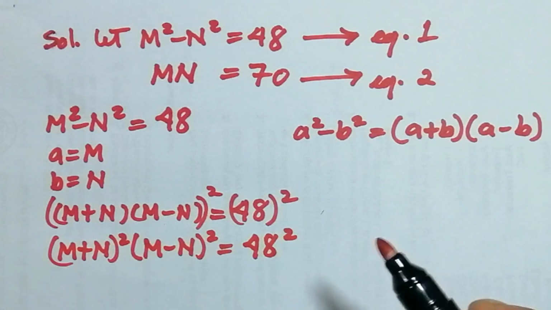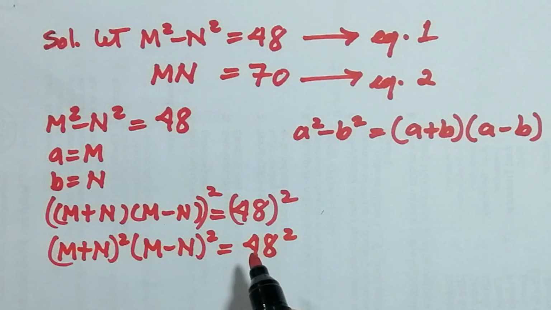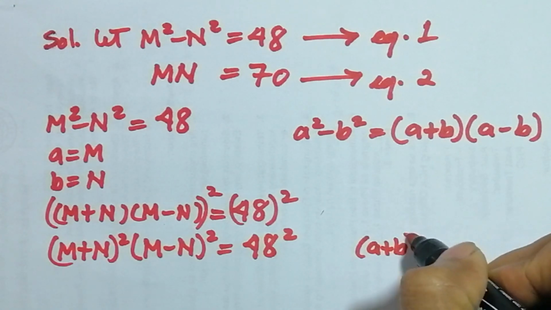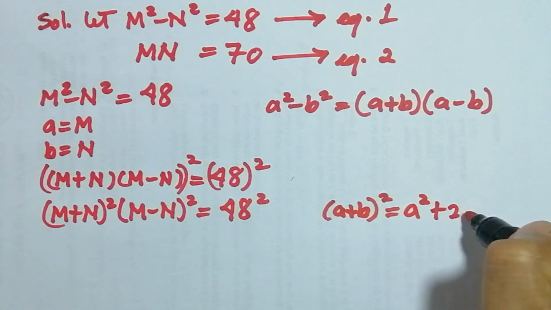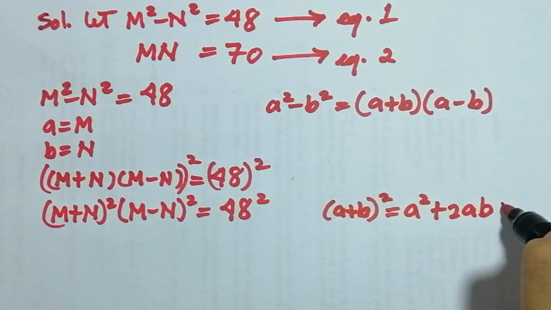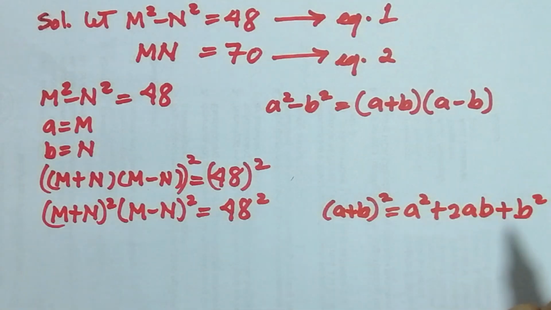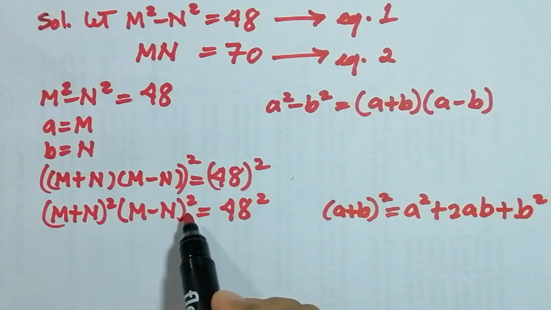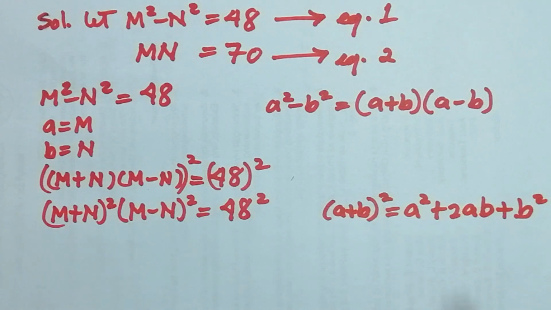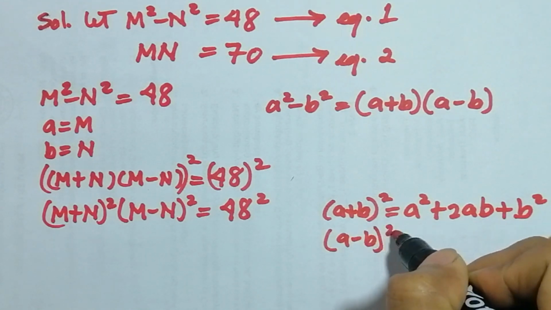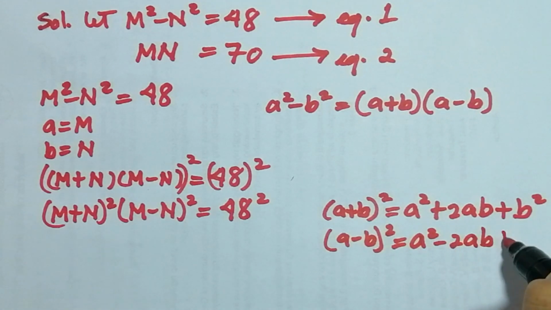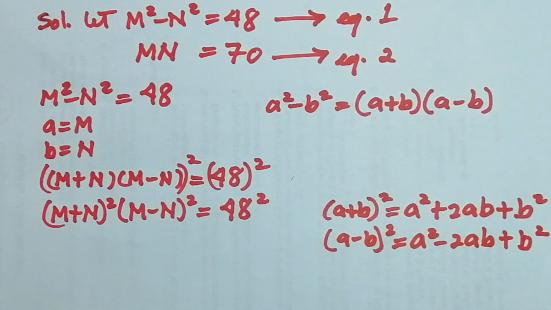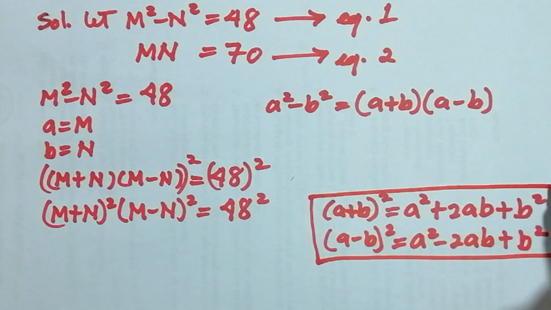So for (m plus n) squared, we are going to apply the sum of perfect squares, which is (a plus b) squared is equal to a squared plus 2ab plus b squared. And for (m minus n) squared, we apply the difference of perfect squares, which is (a minus b) squared is equal to a squared minus 2ab plus b squared. So we are going to use this formula.